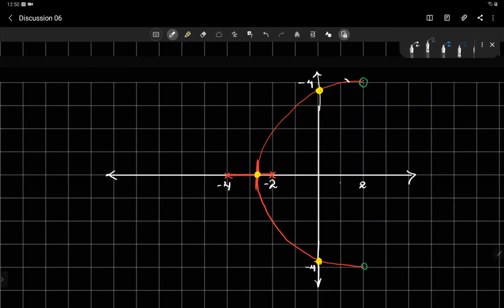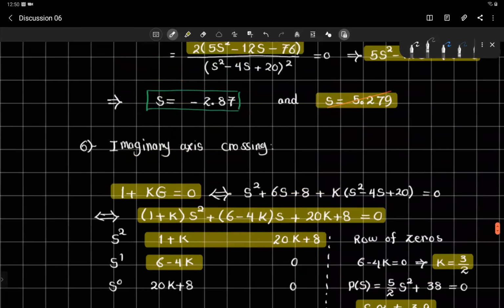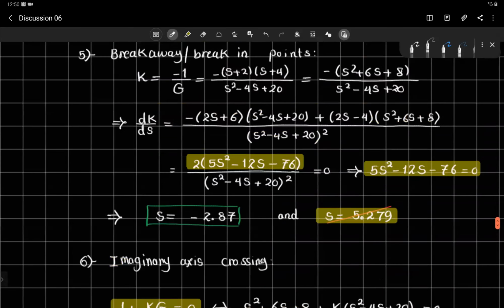This is the angle of arrival. What's the tangent line along which the curve approaches the zero here and here? To determine these angles, we need to do one last computation that I'm going to cover in the next discussion. It seems that I'm out of time.